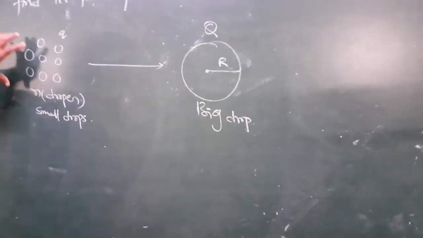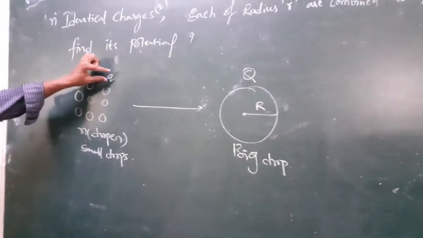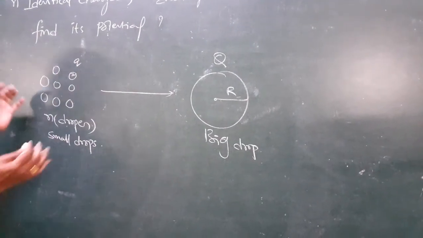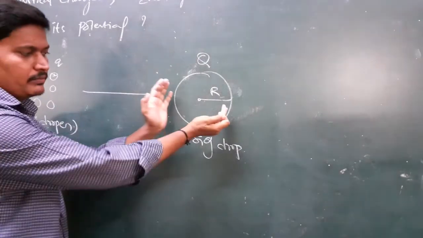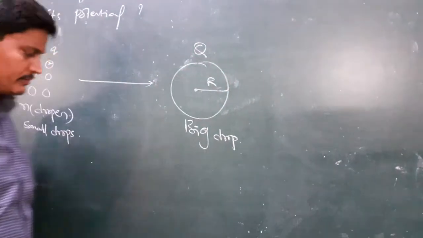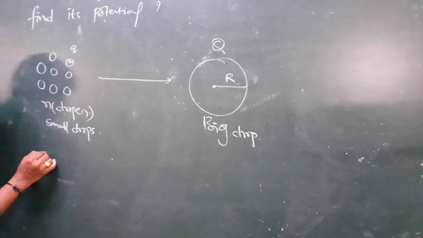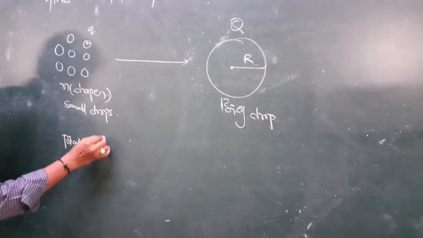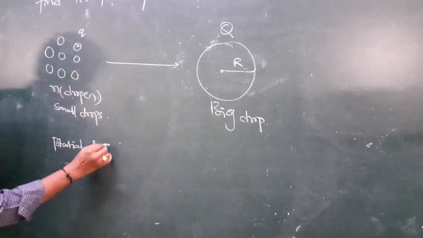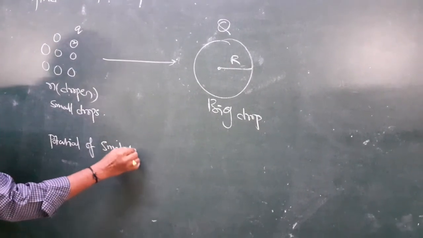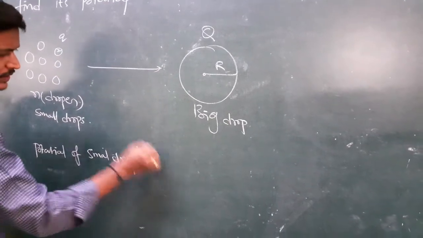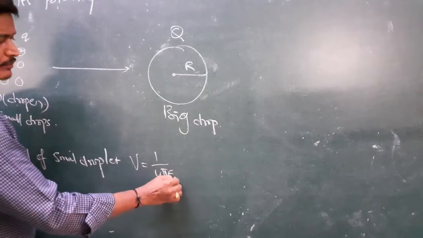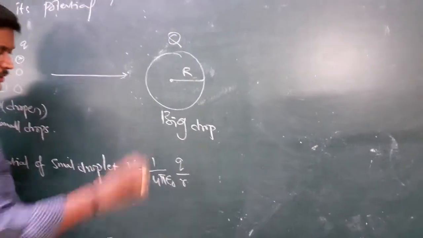Identical droplets, each of charge q and radius r, are combined to form a big drop. Then find its potential. The potential of the small droplet is V is equal to 1 by 4 pi epsilon naught q by r.